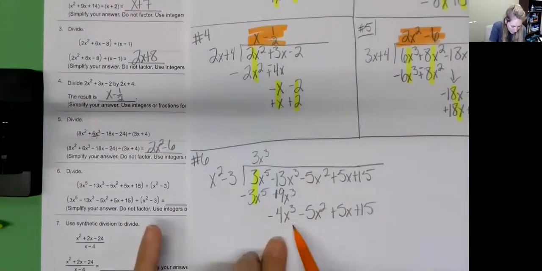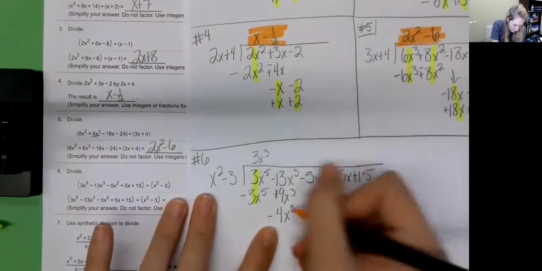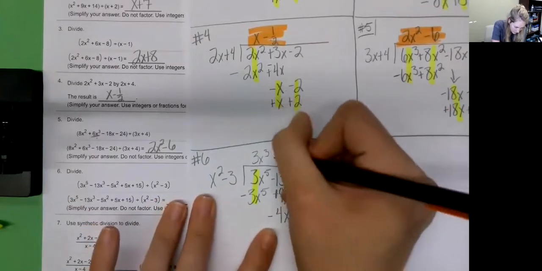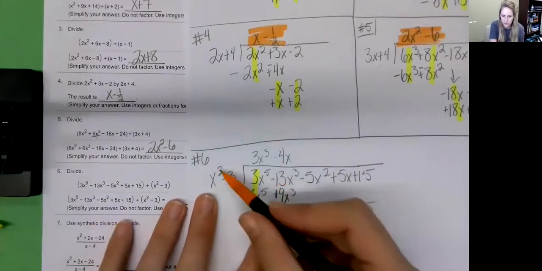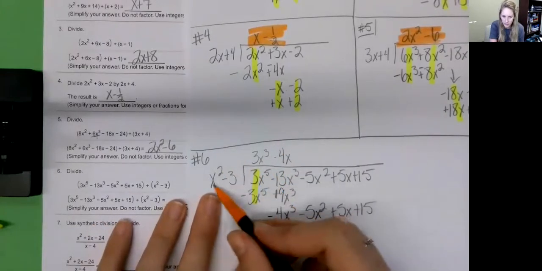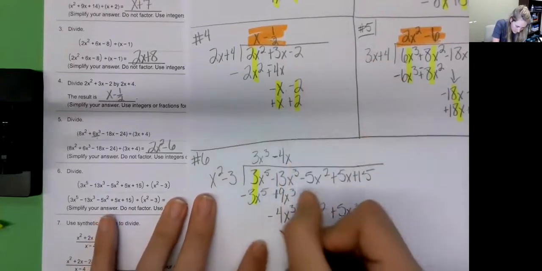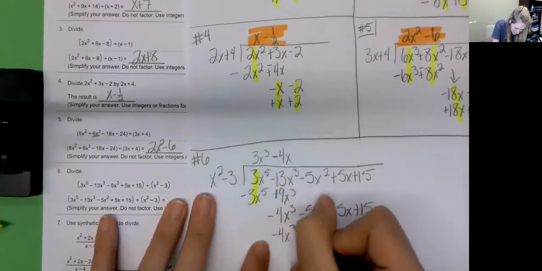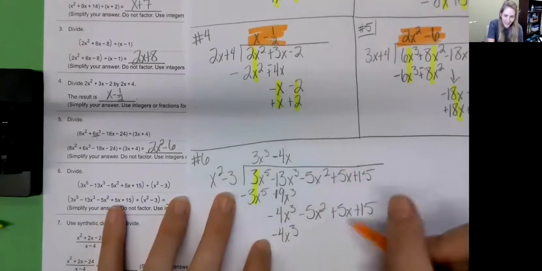Now we have negative 4x cubed and x squared, so we're going to have to multiply by negative 4x. So negative 4x times x squared is going to give us our negative 4x cubed. Negative 4x times negative 3 is going to be plus 12x.